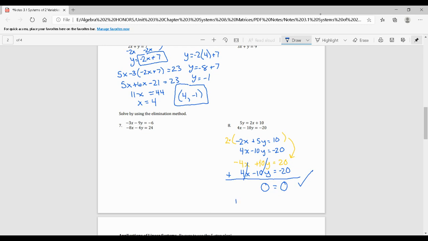With a true statement, that means I will have infinitely many solutions. If I had a false statement, it would be no solution. And if one of the variables actually stayed around and I got something like y equals 2, then I would have an ordered pair to find. You try number 7 using the elimination method.